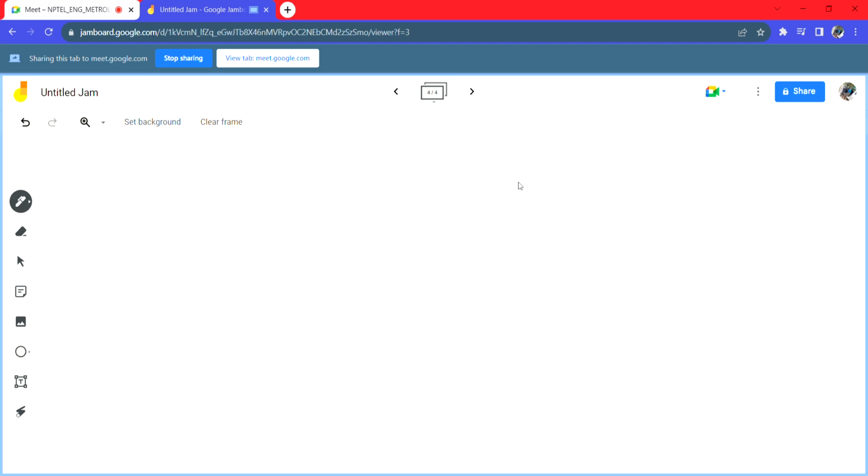Now let us move on to the next topic in our today's discussion, and that is thermistors. First of all, it is a temperature sensor or temperature transducer.